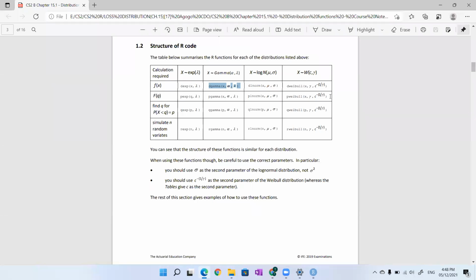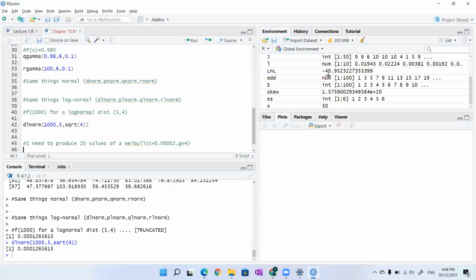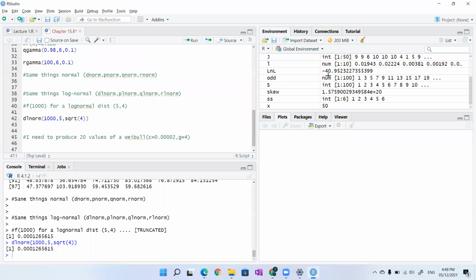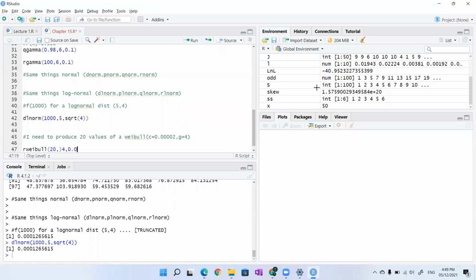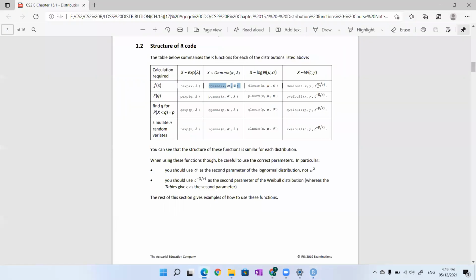Yes, you have gamma, these are the only two parameters. So R Weibull, 20 values, we had to produce exactly 20 values. Let's just check. Gamma is 4, so I will write 4 here and the formula is c raised to minus 1 by gamma. So c would be 0.12342 raised to minus 1 by gamma.